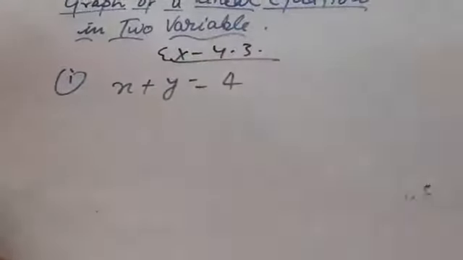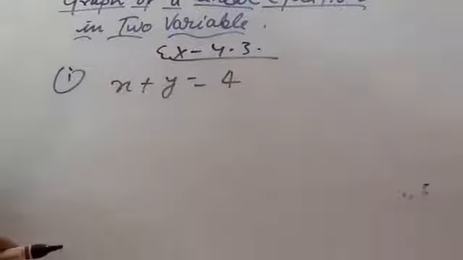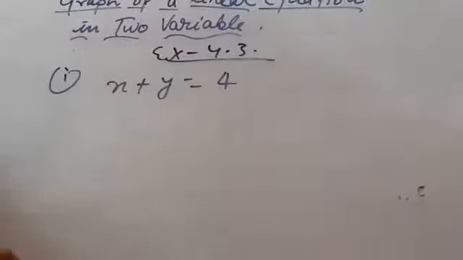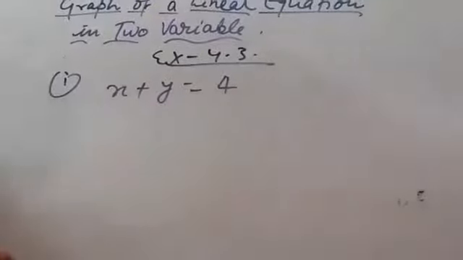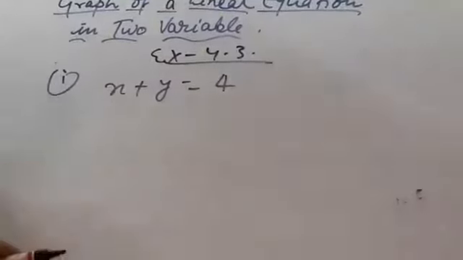Children, what we do first is find at least two solutions by algebraic methods. Yes, we need algebraic methods. To find at least two solutions, right? For more accuracy, you can find more than 2 also.